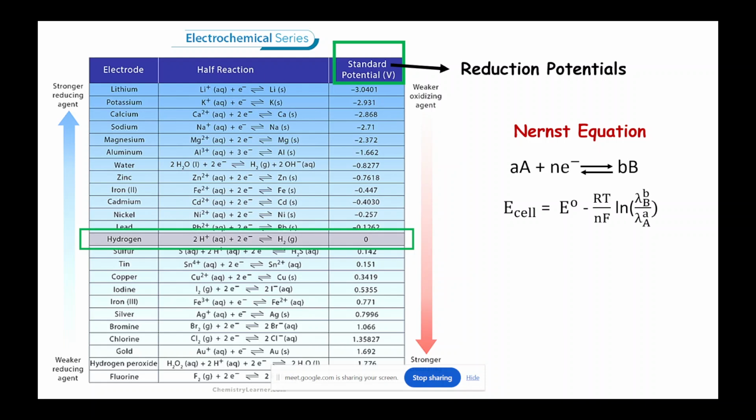Before we move to the Nernst equation, again, the Nernst equation is nothing much. It's just about how to calculate the EMF of a half cell.